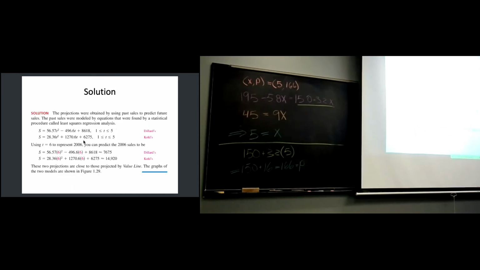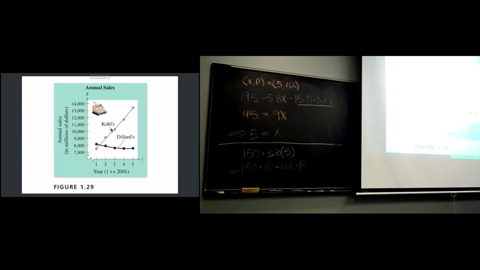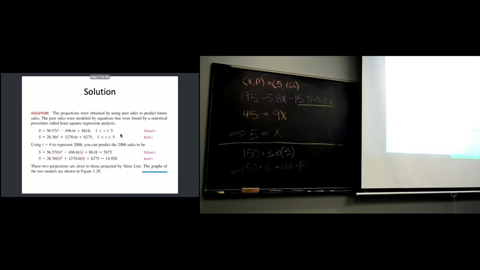So using least square regressions, they find the two different equations that represent these two graphs. What they're doing is saying, find the equation whose graph is as close to these points as possible. That's what least square regression is. You're basically saying, I want a polynomial that is as close to these points as I can get it.